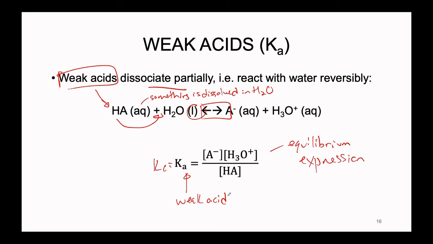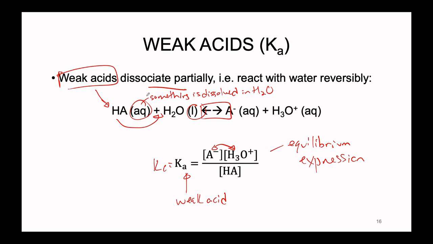Ka now is going to represent the equilibrium constant expression for a weak acid in solution. And we can see that we are taking the products here, the A minus and the H3O plus, in the numerator as they have been for any equilibrium expression, and our weak acid is the only reactant that we are including in the denominator, since it is the only reactant that is in the aqueous phase.